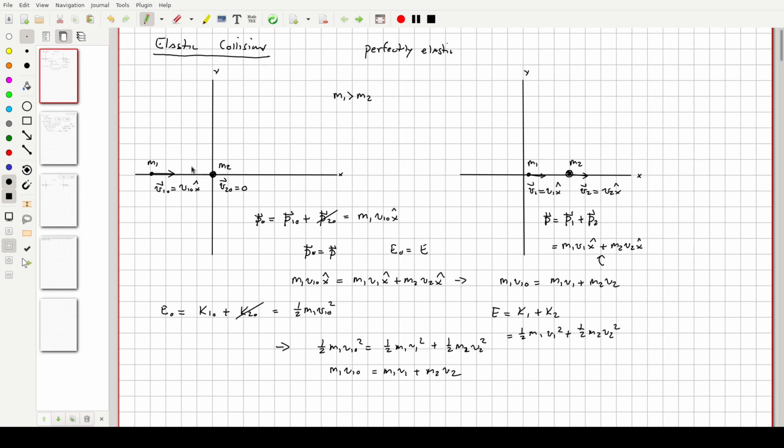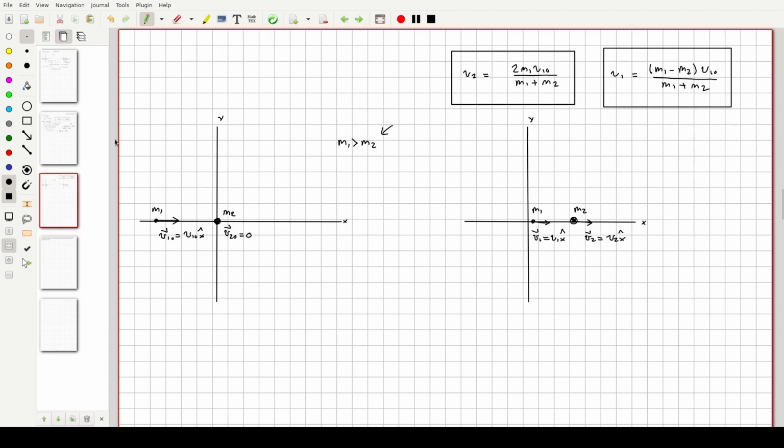If I were to look at a situation in which M2 is greater than M1, let's take a look at the equations. Does that affect V2? No. You're going to end up with a positive number here no matter what, presuming that V1 naught is to the right. But look at what's going on with V1 now.